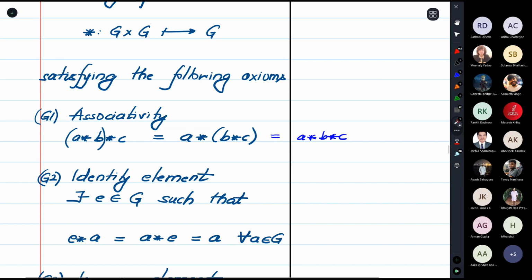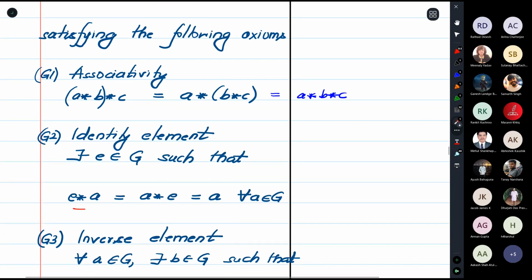The identity element, when combined with any other element, leaves the original element unchanged. So when you give A and E as input to the binary operation, the output is A. This input remains unchanged. That's the meaning of identity, and this relationship should hold for all A in G.